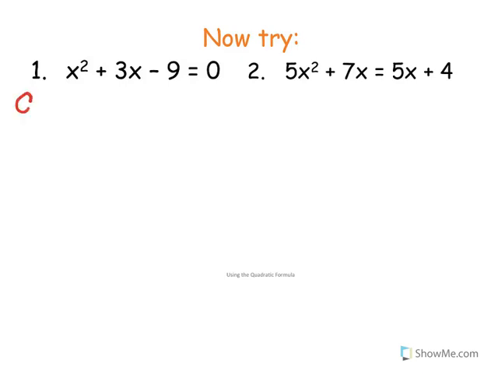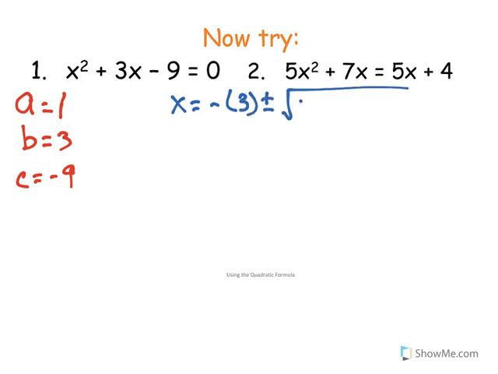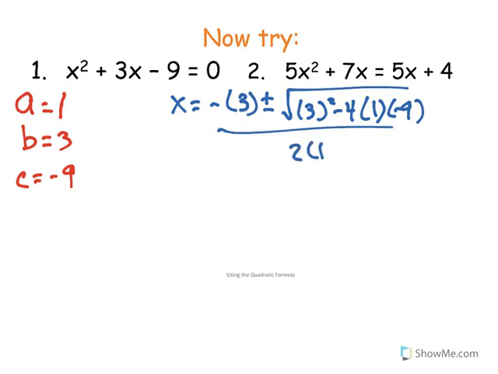So for this first one, I've got A is 1, B is 3, C is negative 9. So I've got x is equal to negative 3 plus or minus the square root of 3 squared minus 4 times 1 times negative 9, all divided by 2 times A, which is 1.